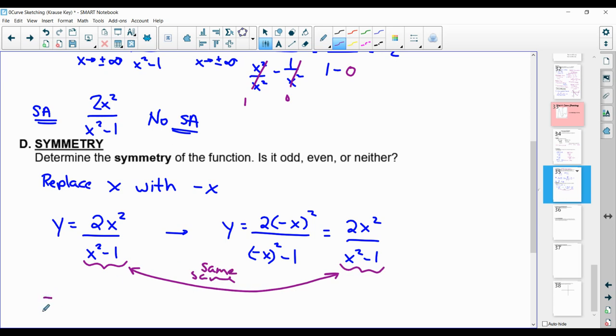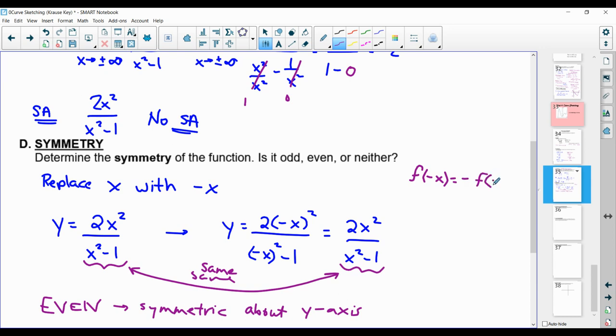It means this function is even, and if it's even, it's symmetric about the y-axis. Now again, if you remember, if you're looking for odd, we're looking for f of negative x to equal negative f of x. So for odd, we'd be looking for a different scenario. And if it was odd, it would be symmetric about the origin.